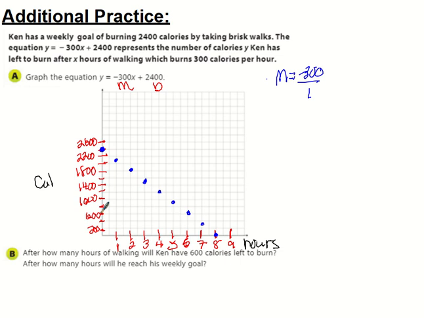So we go to 600 and we come across to here and it says it would take 6 hours to have 600 calories left. And then to reach his goal of burning 2,400 calories, we actually would go to 0 because that's where he's burned all of his calories. And so the answer here would be 8 hours. All right, his goal is to burn all those calories off.